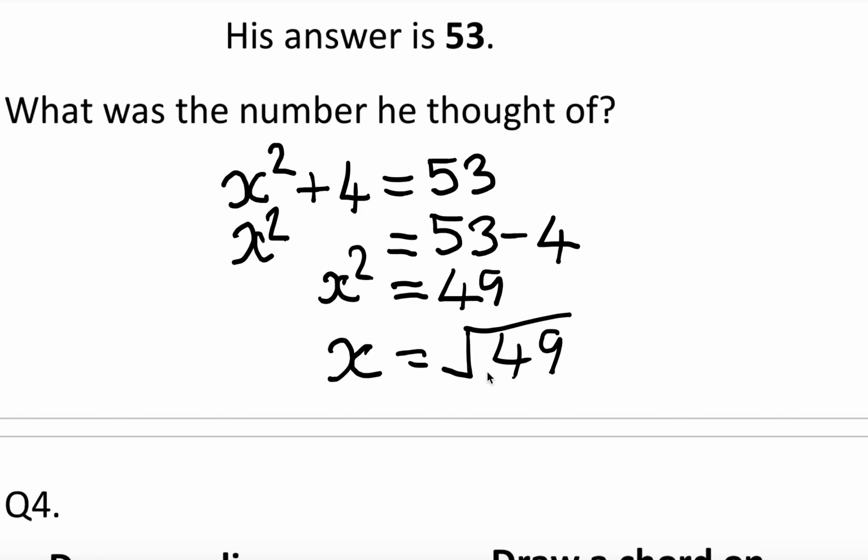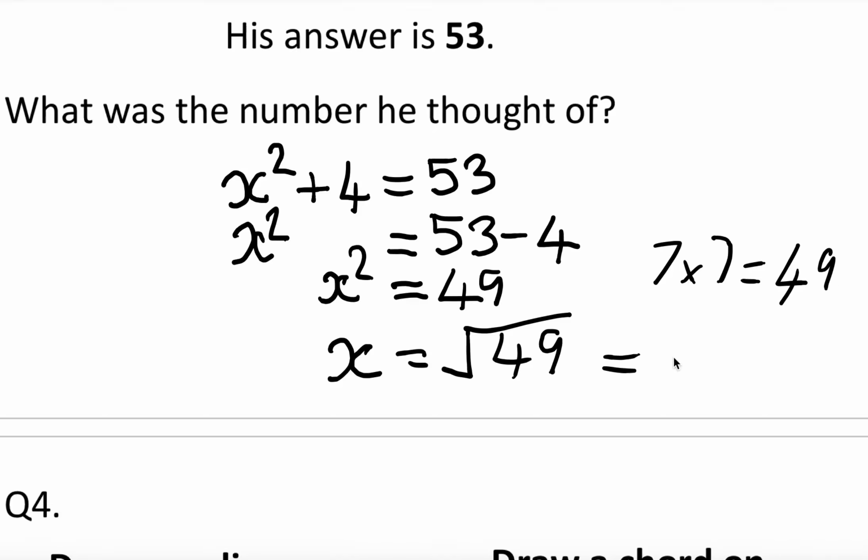And this is where you need to know your times tables. 6 times 6 is 36. What's 7 times 7? 7 times 7 equals 49.